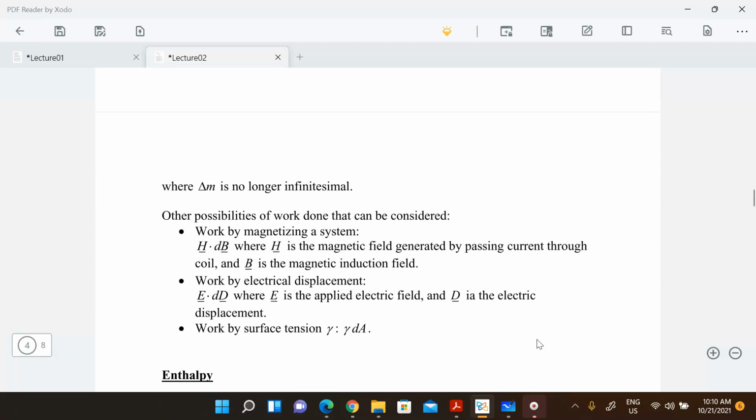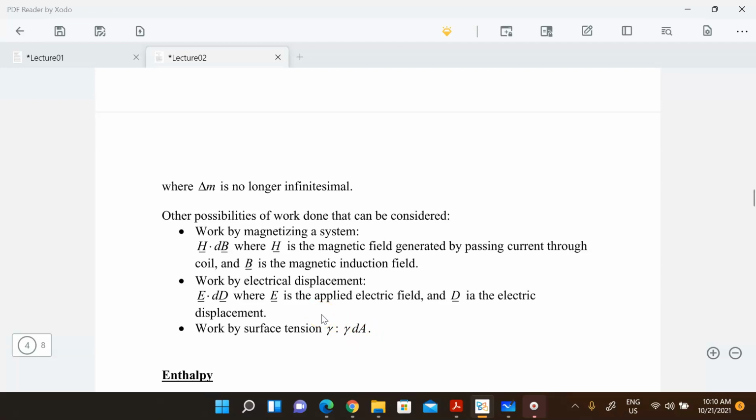This idea of connecting internal energy and work is not limited to mechanical work. So you can start to think of other kinds of processes, like things inside a magnetic field. You can talk about work by magnetizing a system, or inside an electric field, work by electrical displacement, or you can think of it in terms of surface tension.